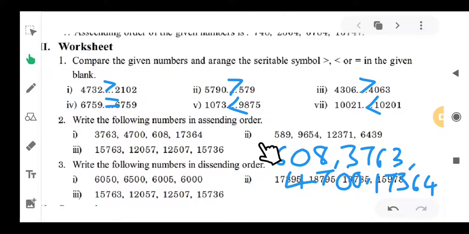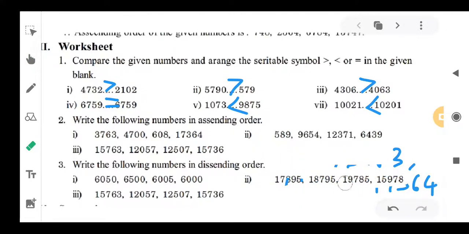Okay, next one, second one, 589, 9,654, 12,371, 6,439. So in this which is smallest one? First of all you have to choose that. So this has only 3 digits.